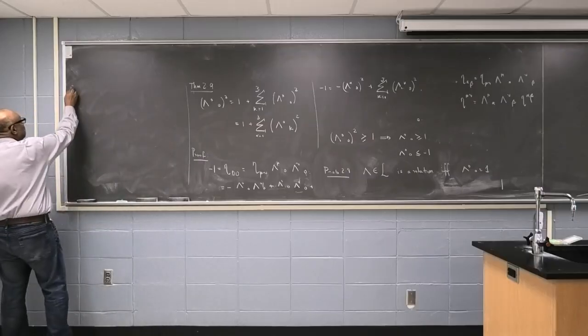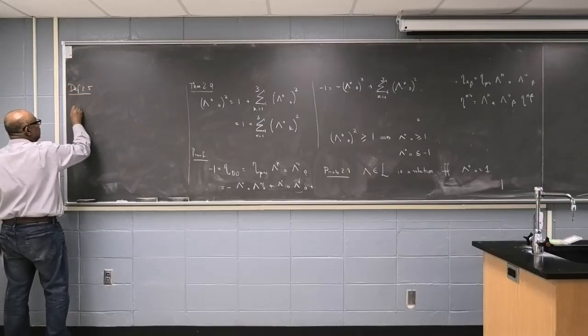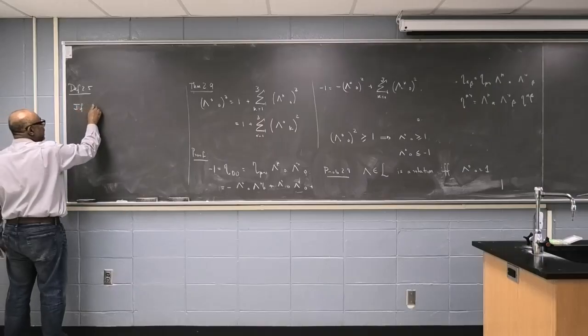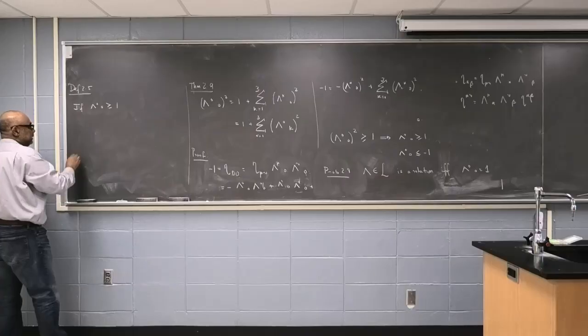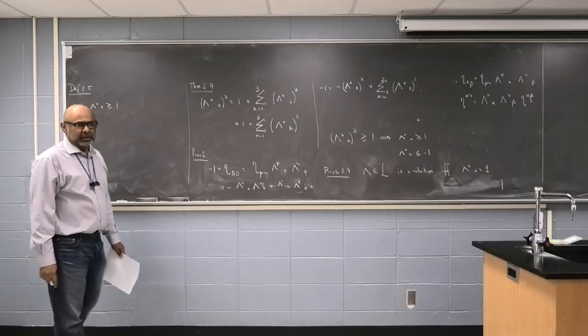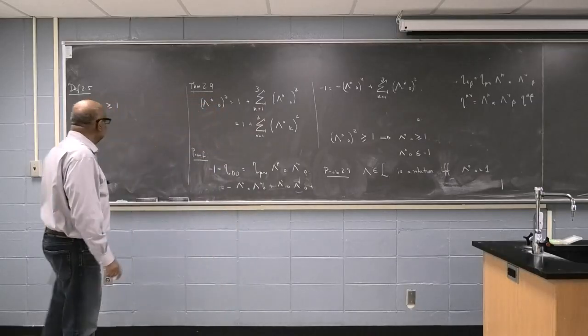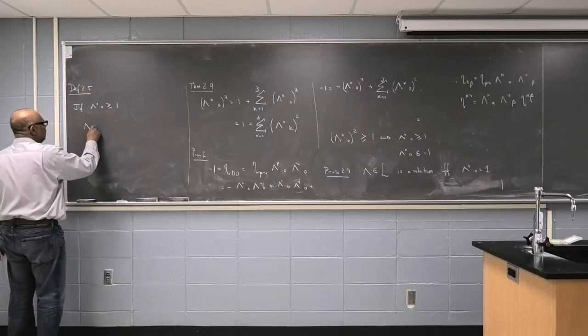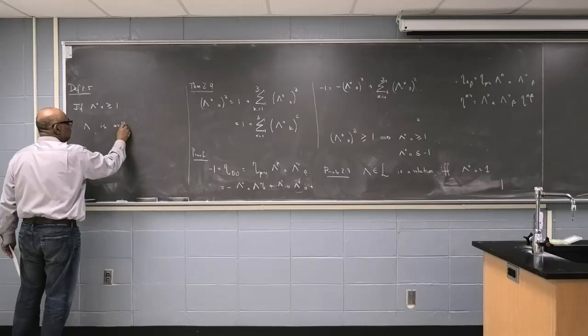This is definition 2.5. If lambda 0,0 is greater than or equal to 1, lambda being a homogeneous Lorentz transformation, again, the precise sentence is in the notes, in that case we will say lambda is orthochronous.